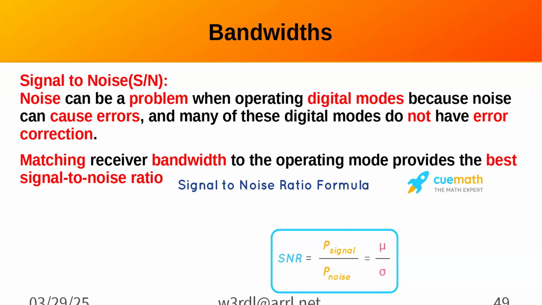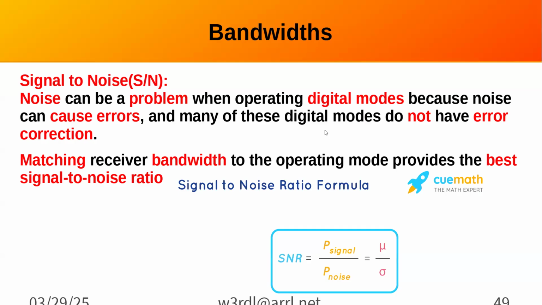If you switch to CW, it'll switch in a very narrow filter. If you switch to AM, you get the widest filter. If you're in single sideband, you get something like filter 2, which is like 3 kilohertz or whatever. The reason you do that is it gives you the best signal to noise ratio.